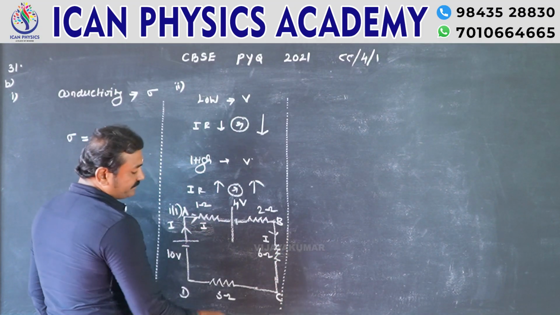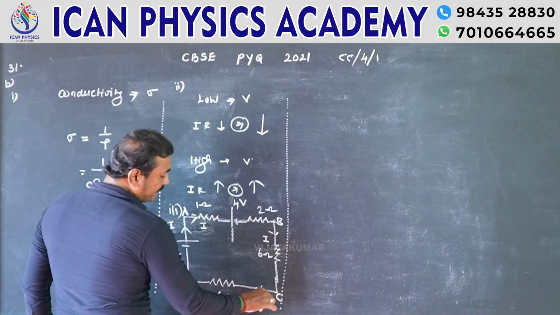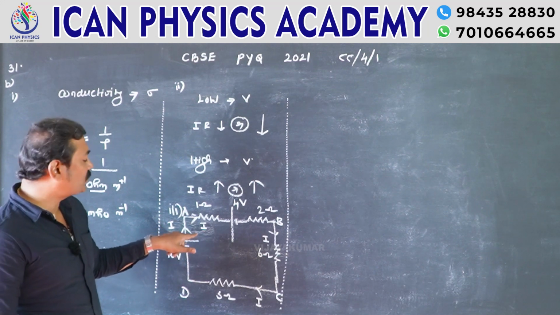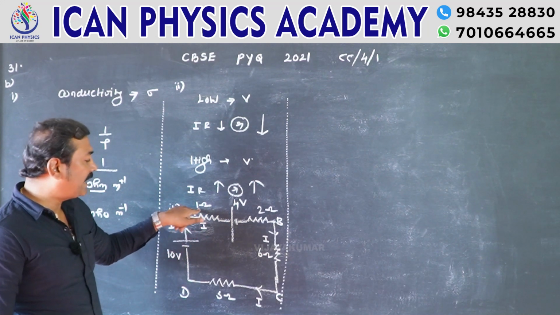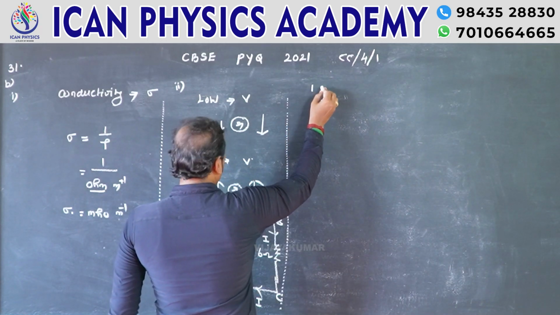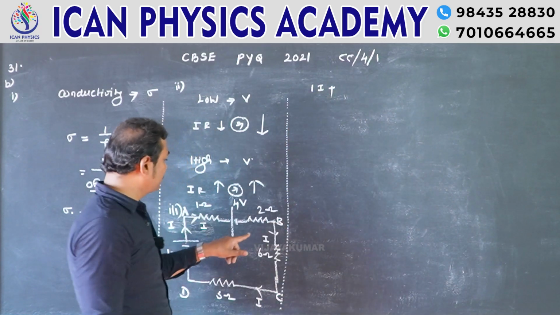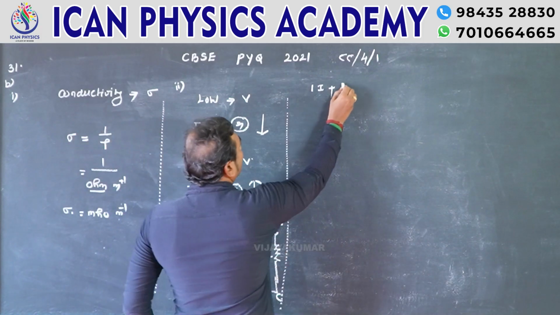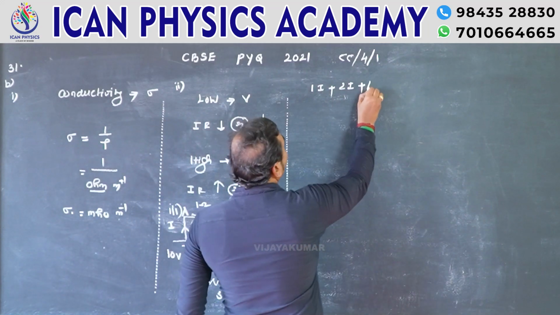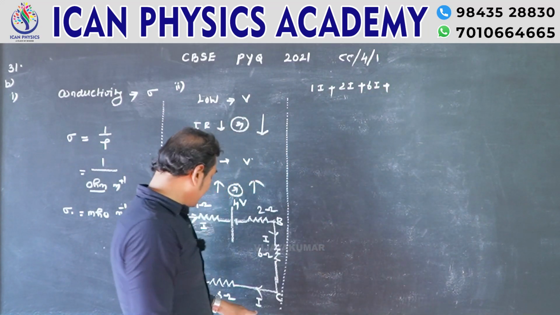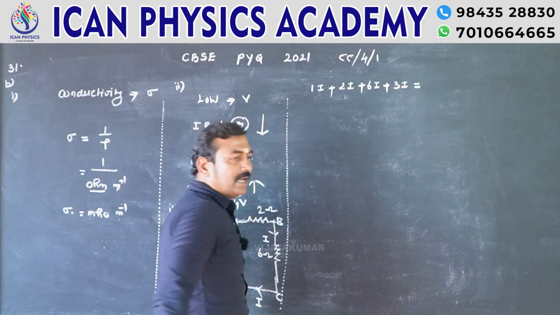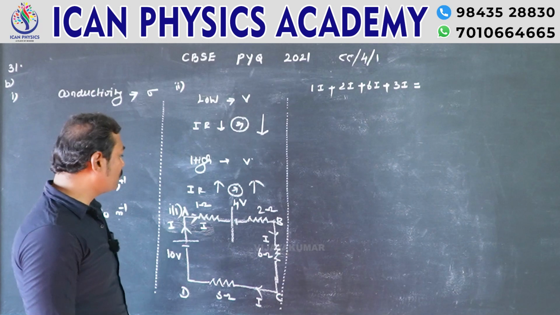When the current I comes to C, it just turns. So the product of current and resistance in each arm: here current is I and the resistance is 1, so 1I, plus 2I, plus 6I, plus 3I, equal to the algebraic sum of EMF in that closed circuit.